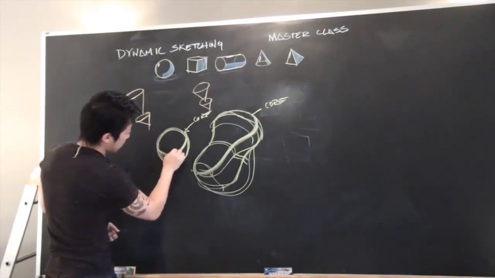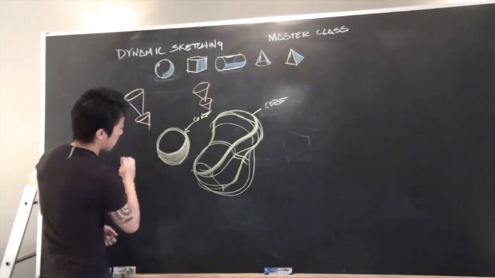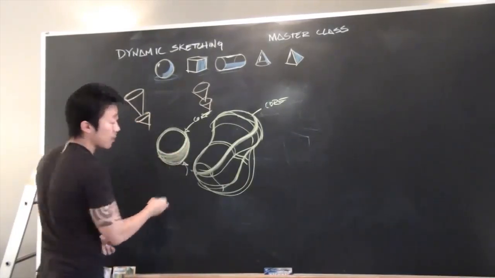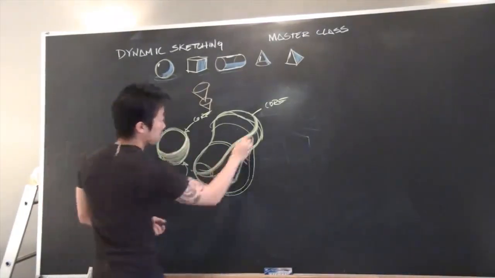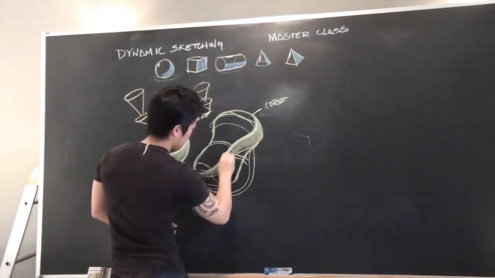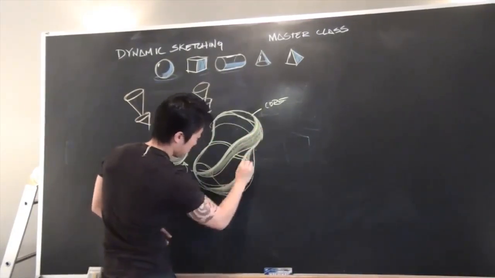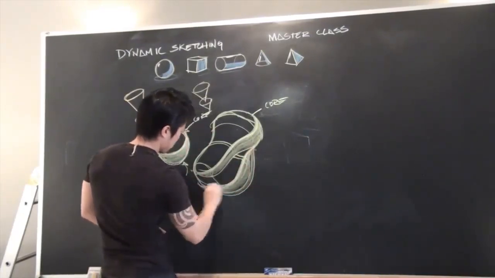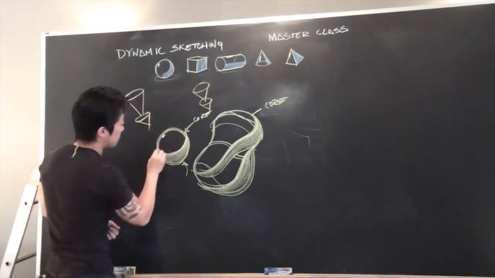As the light hits it, you have your core shadow, and as it turns back in, that's where the shadow gets a little lighter, because the light from the ground is coming back up and hitting it, so there's a bit more light coming in underneath. So the core is going to be your darkest point. Obviously, the hottest point is going to be where the light is directly hitting.